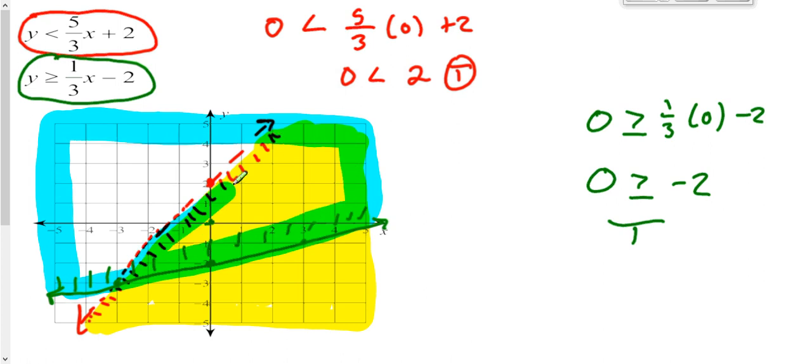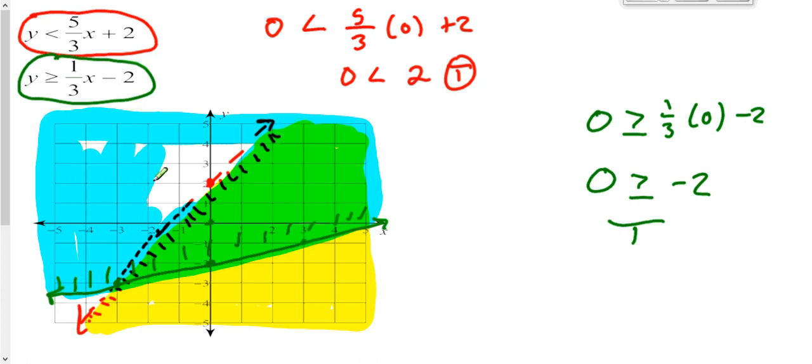So wherever the highlighter ends up being green is my solution set. Over here the light blue doesn't matter, the yellow doesn't matter, it is where it ends up being green is where we'd want our solution set. Let's try another one.